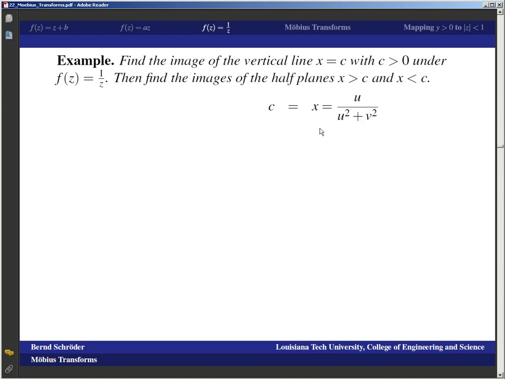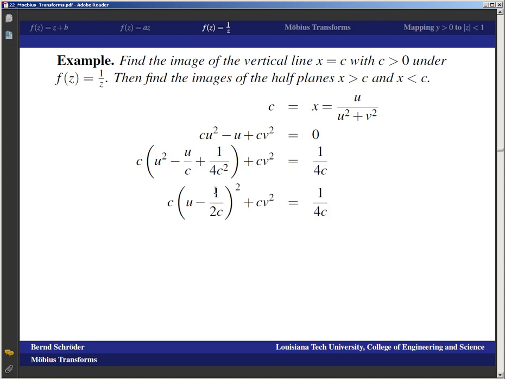We have that c is equal to x, and x was u over u squared plus v squared. Well, that means that c u squared minus u plus c v squared has to be equal to 0 if we just bring the denominator over and then also subtract the u over to the left side. If we complete the square, we realize we have to take out the c, so we get a negative u over c. The term that completes the square is 1 over 4c squared, and c times 1 over 4c squared would be the 1 over 4c on the right side here.